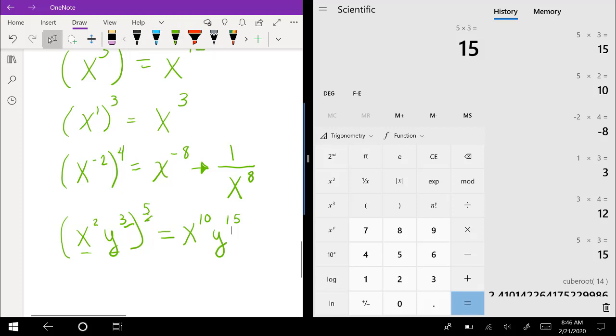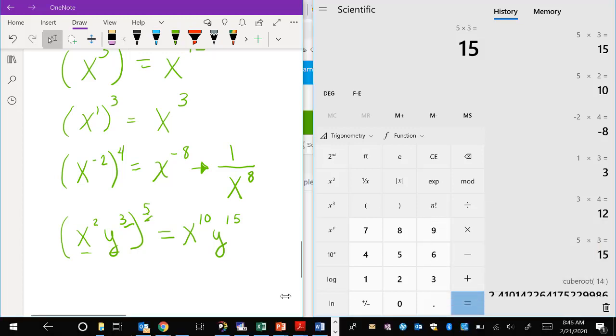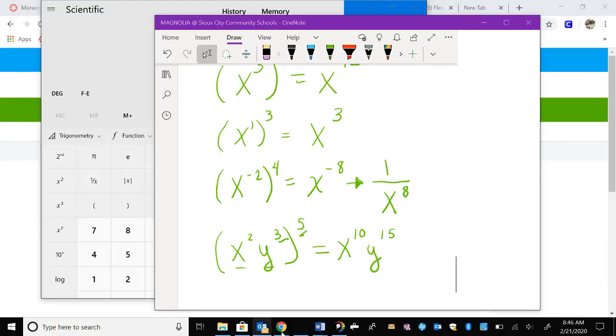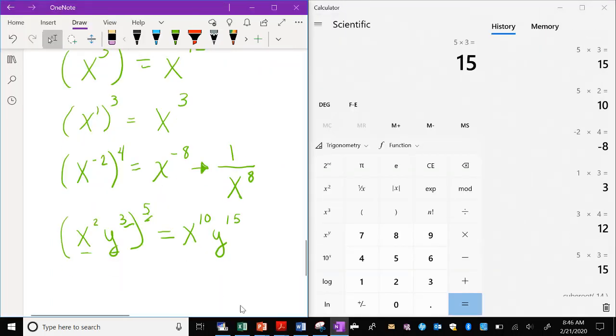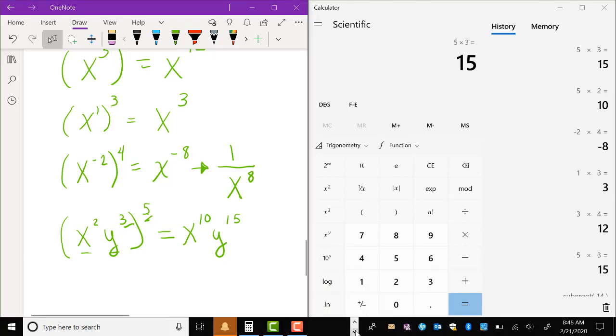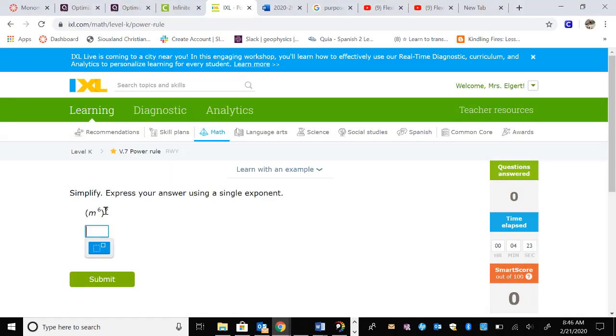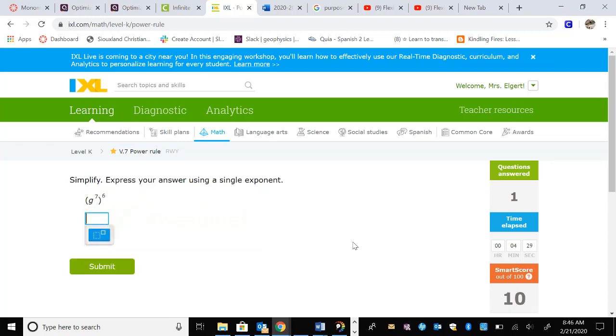So let's look at the IXL just so you know what you're going to do when you get there. All right, so here's the IXL. So the first one would be 6 times 6, which is 36. So that would be 36, like that.